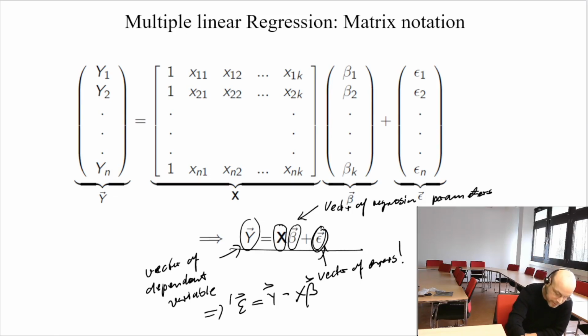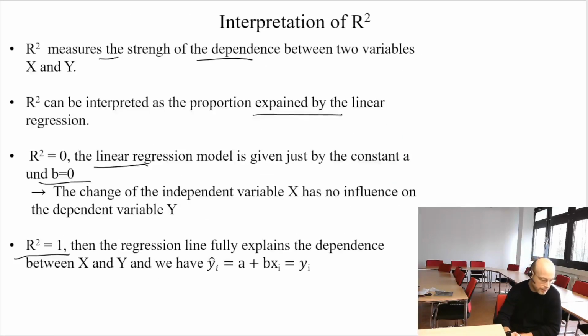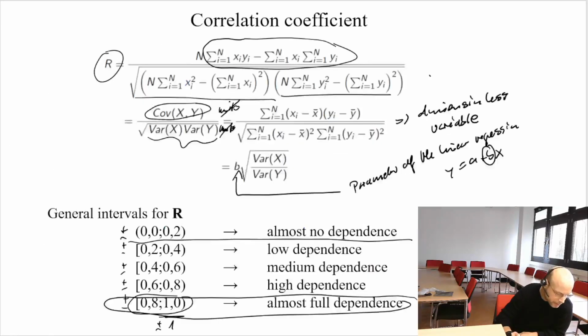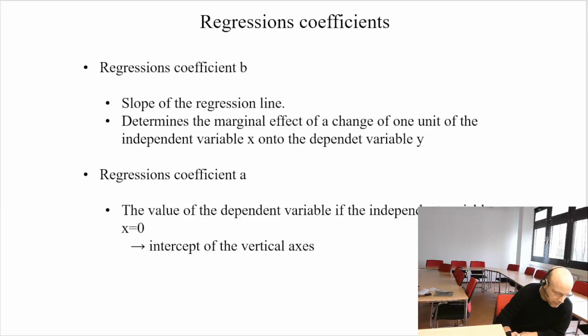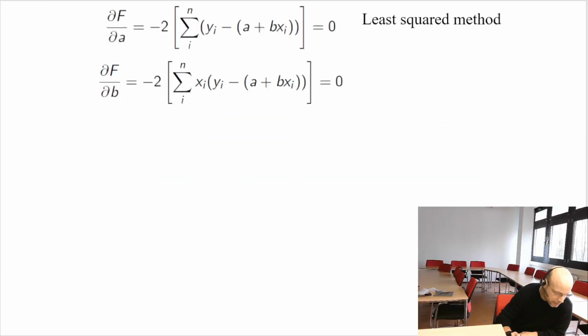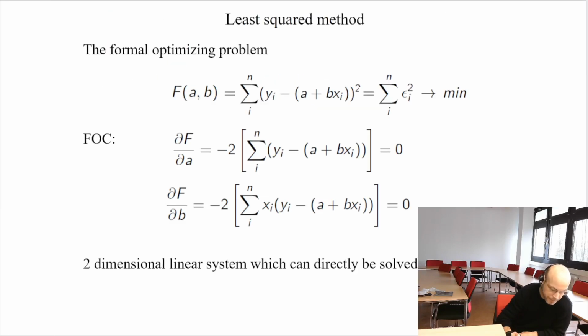And this we just square, and this we want to minimize. Well, and as we have done it, I think I put it also for you here in the simple case. Where did we have it? Here.